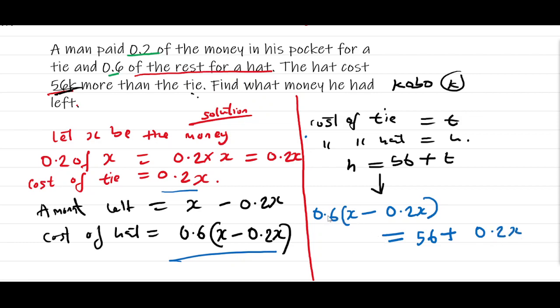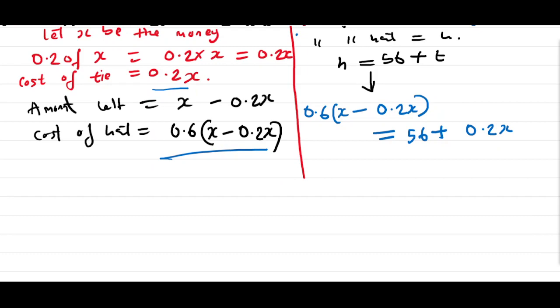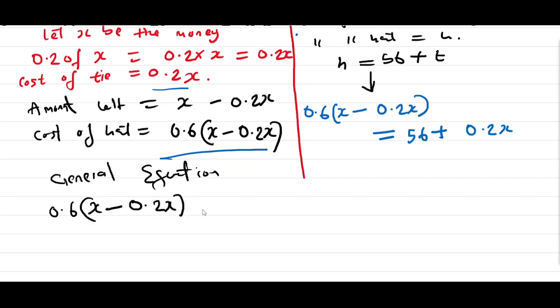Now this is the equation we have arrived at, and we are going to make use of it. So our general equation will be 0.6 multiplied by x minus 0.2x, which is equal to 56 plus 0.2x.